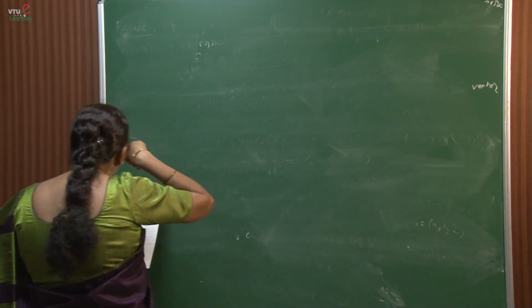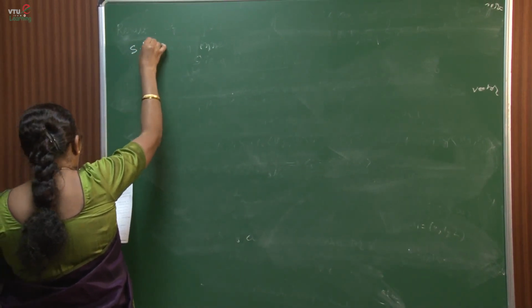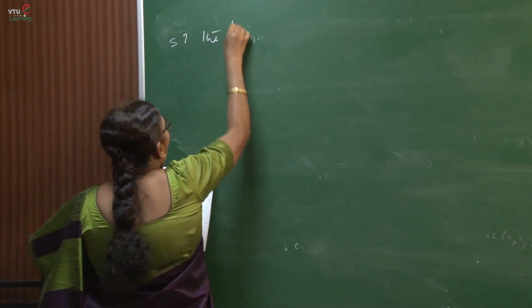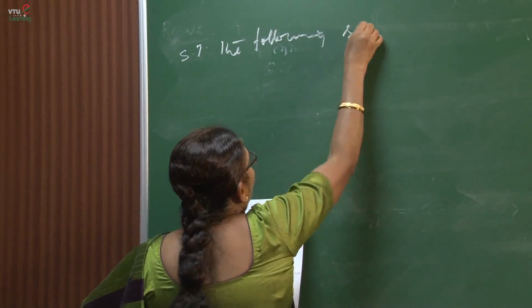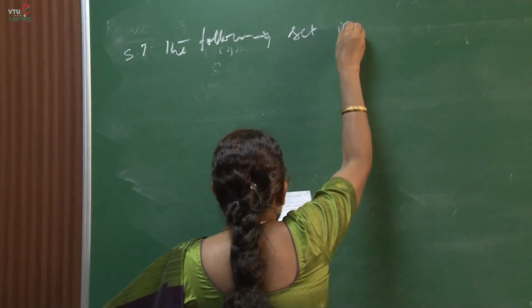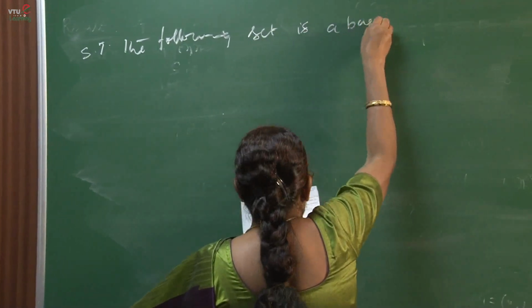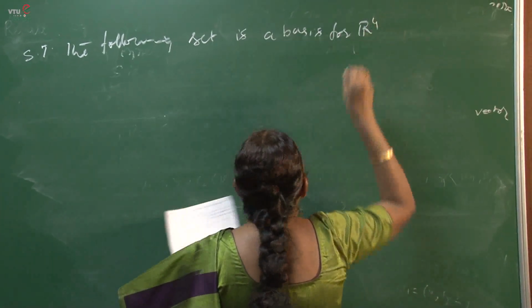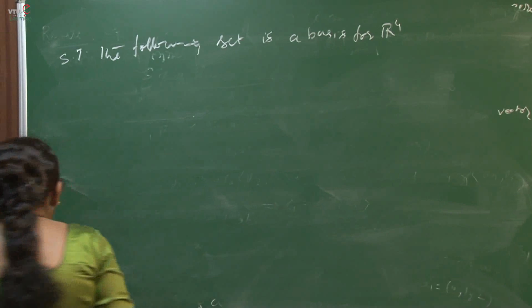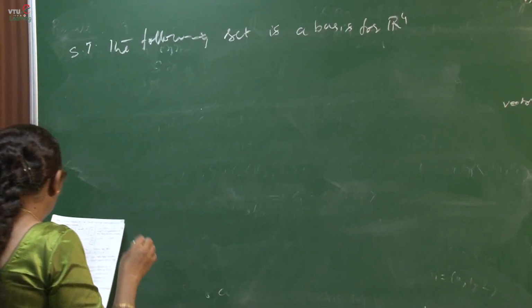Show that the following set is a basis for R power of 4, or V of R power of 4. Means each vector having 4 components.